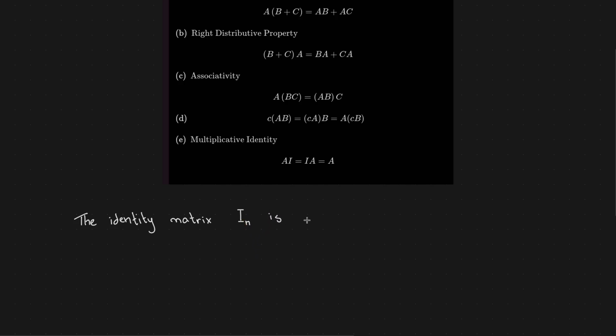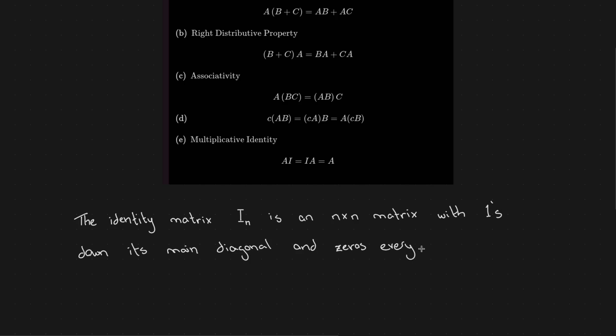So I sub n is an n by n matrix with ones down its main diagonal and zeros everywhere else.